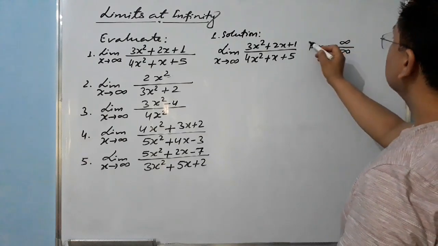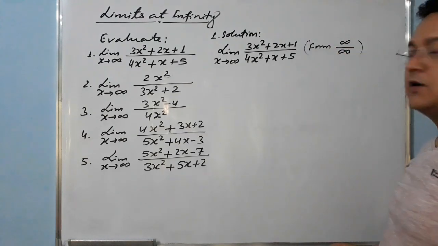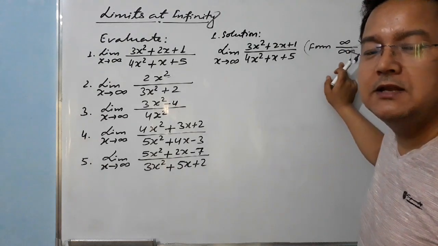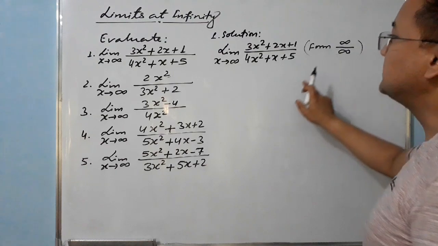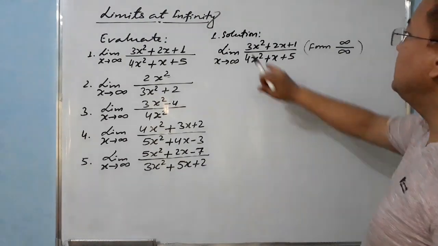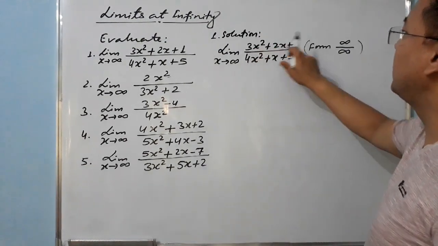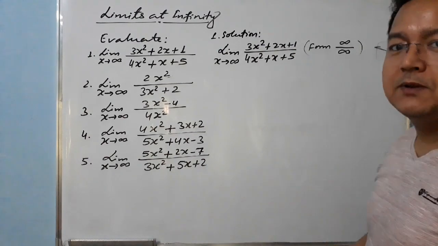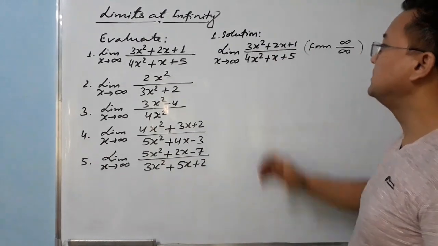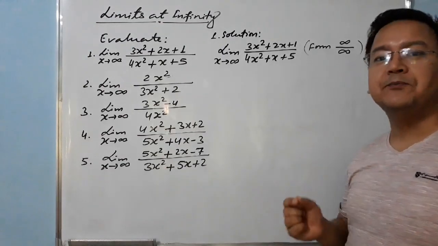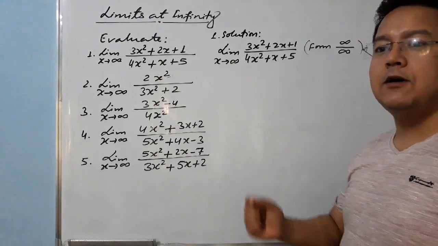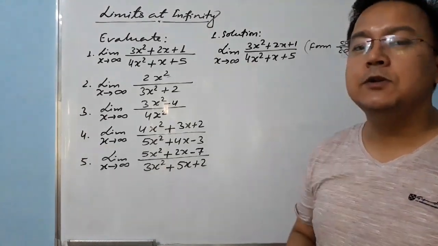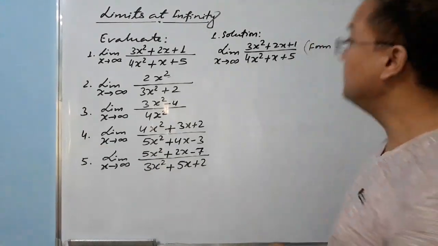Clear everybody? So here we have a question in infinity upon infinity form, which is called an indeterminate form. This means we have to simplify. How to simplify? If you get these types of questions, you need to take common the variable having the highest power in the numerator as well as in the denominator.